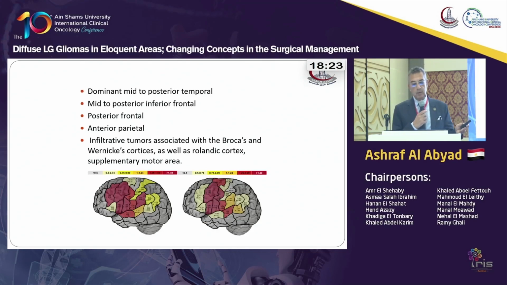The eloquent areas we mean are the supratentorial eloquent areas where these tumors commonly locate, like Broca's and Wernicke's areas, the language areas, as well as the Rolandic cortex, where the motor and sensory areas lie, and the supplementary motor area in front of them.